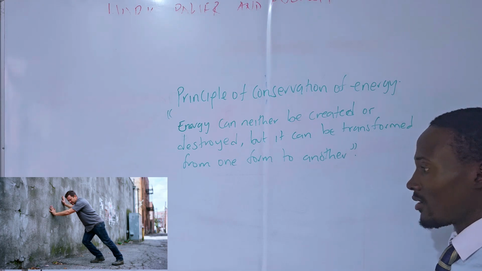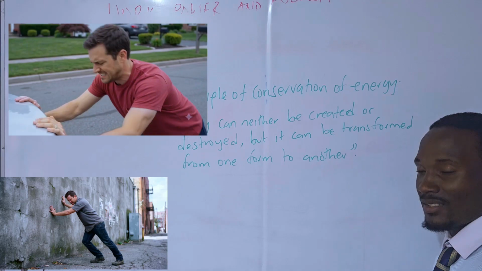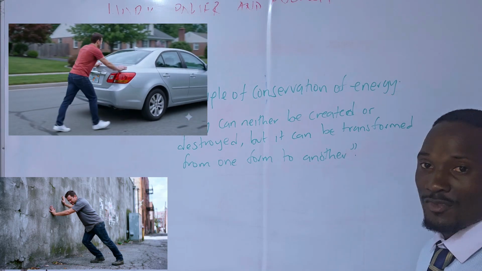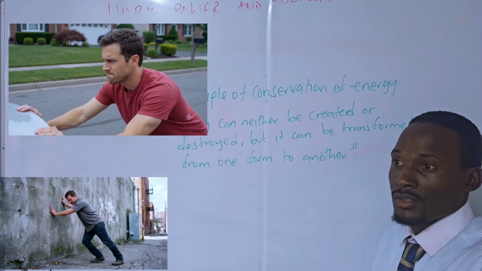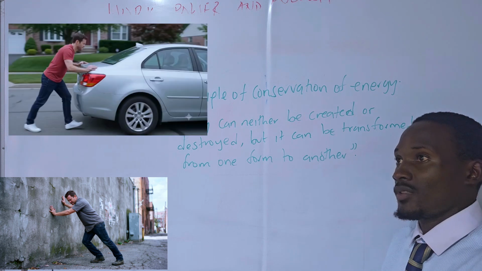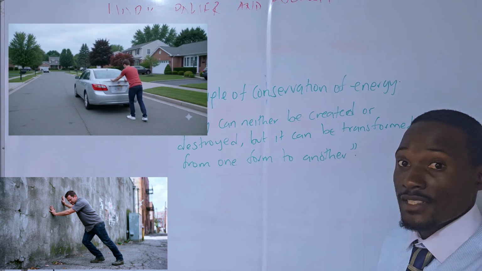If this guy who was pushing the car, look at the car scenario. That guy pushing the car was moving. This guy was using energy from his body. That is possibly his internal energy, his ATP, adenosine triphosphate, from the food he eats.